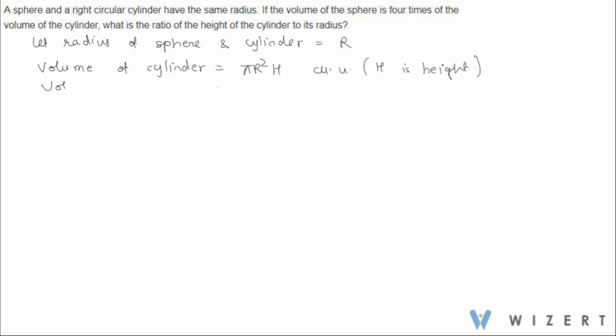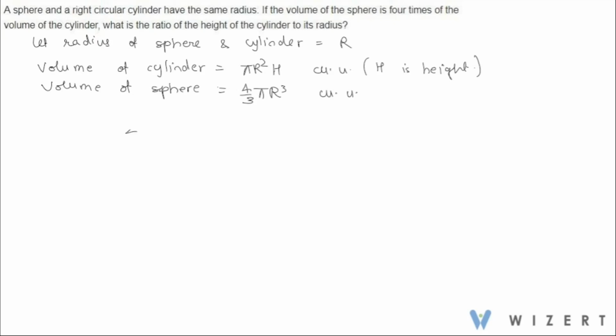Therefore, the volume of sphere will be 4 by 3 pi r cube cubic units. Now it is given that the volume of sphere is 4 times that of cylinder.